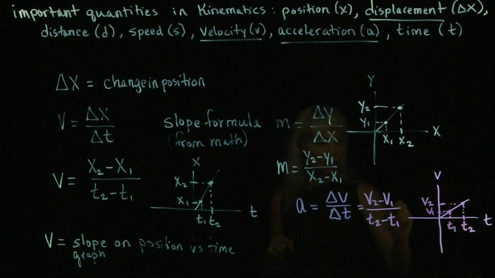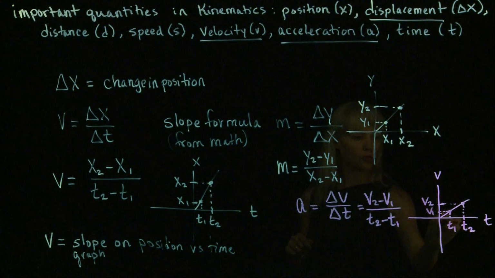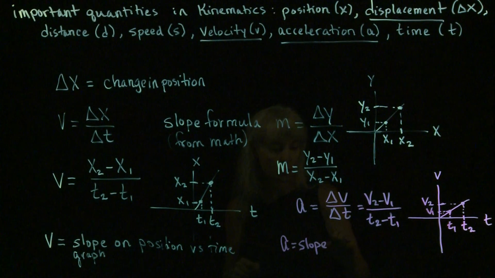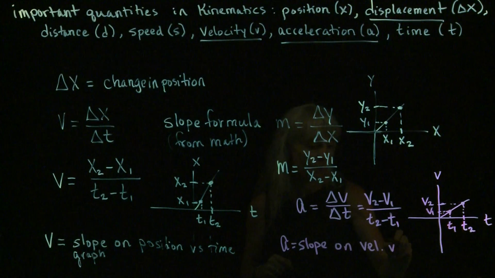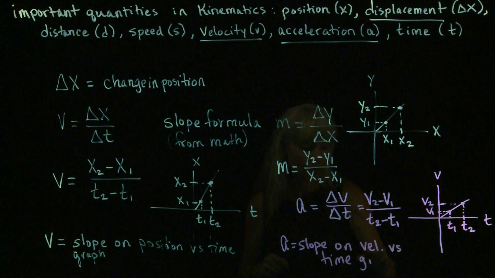So acceleration then is the rise over the run, or the slope, on the velocity versus time graph. So acceleration is equal to the slope on the velocity versus time graph.